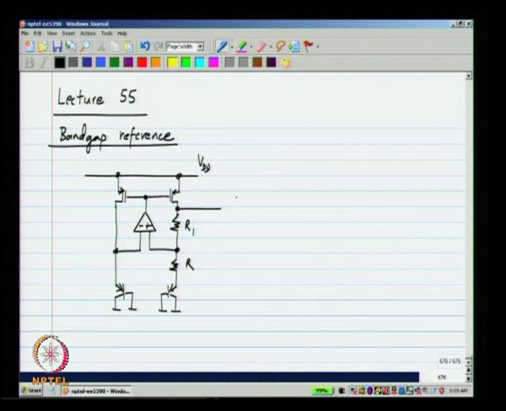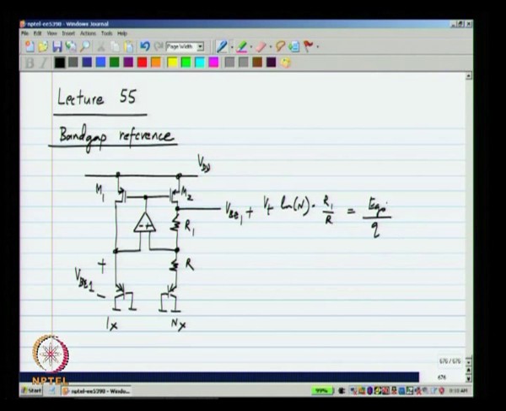And this is the output. If everything has been designed correctly, this output, which is VBE1 plus Vt log n times R1 by R, if this has an area of 1 and this has an area of n, equals Eg naught by Q, and this is independent of temperature. And we know that this is 1.2 volts.